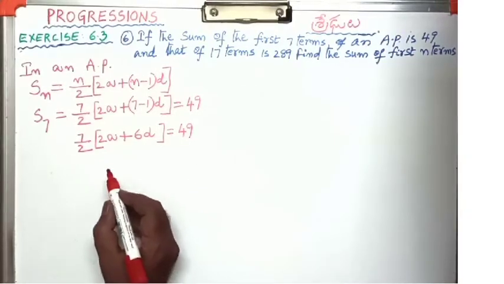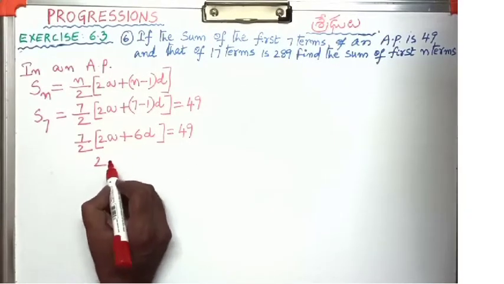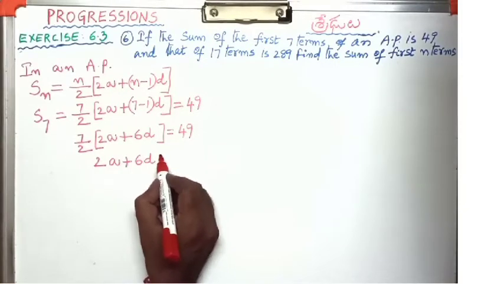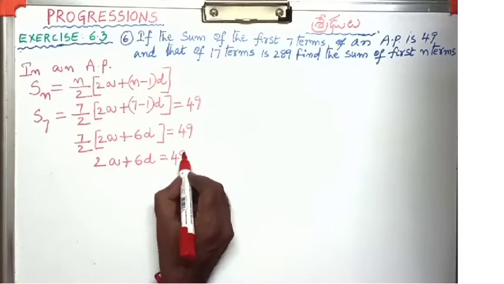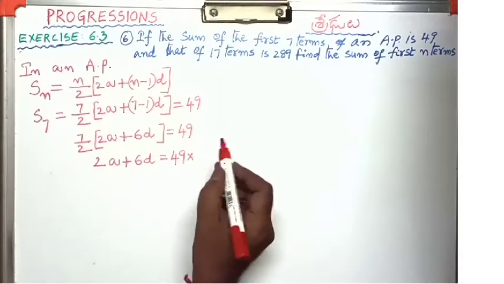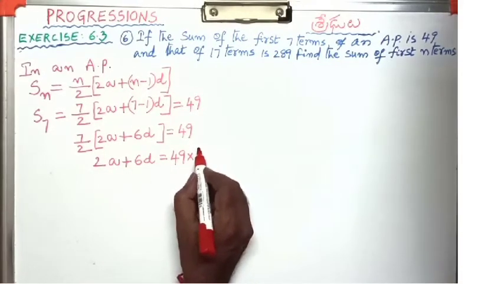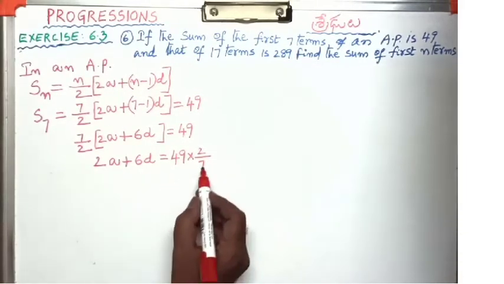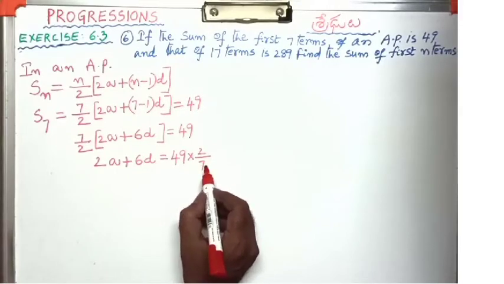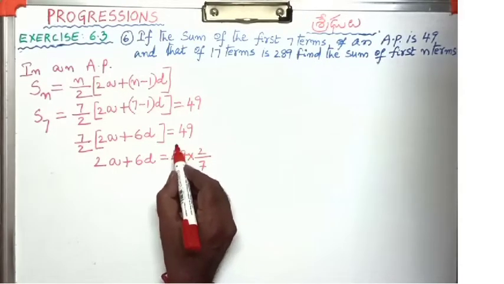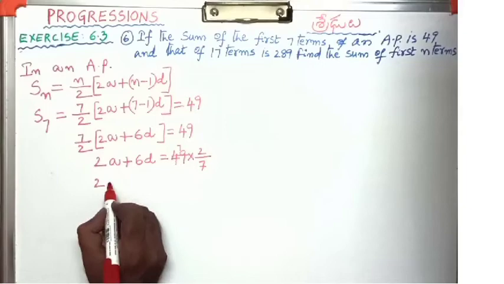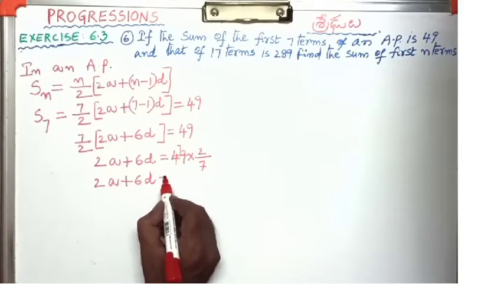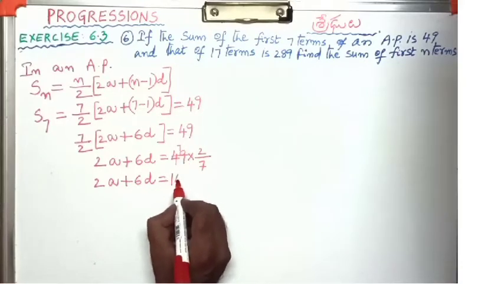Okay, and next again 2a plus 6d is equal to 49 into, bring this 7 by 2 to this side, it will be 2 by 7 అవుతుంది. ఓకేనా, and next 7 in this 49 7 times, so 2a plus 6d is equal to 7 2s are 14 అవుతుంది.